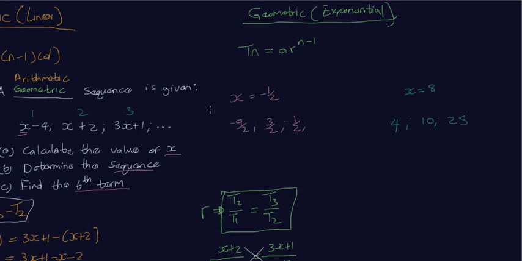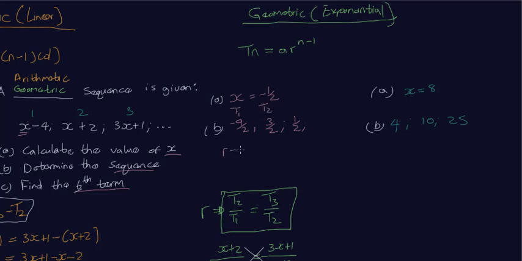So the one sequence is geometric, and the other is arithmetic. Then we must find the 6th term. So how do we get the 6th term? We substitute. We need our r, so r is term 2 divided by term 1.